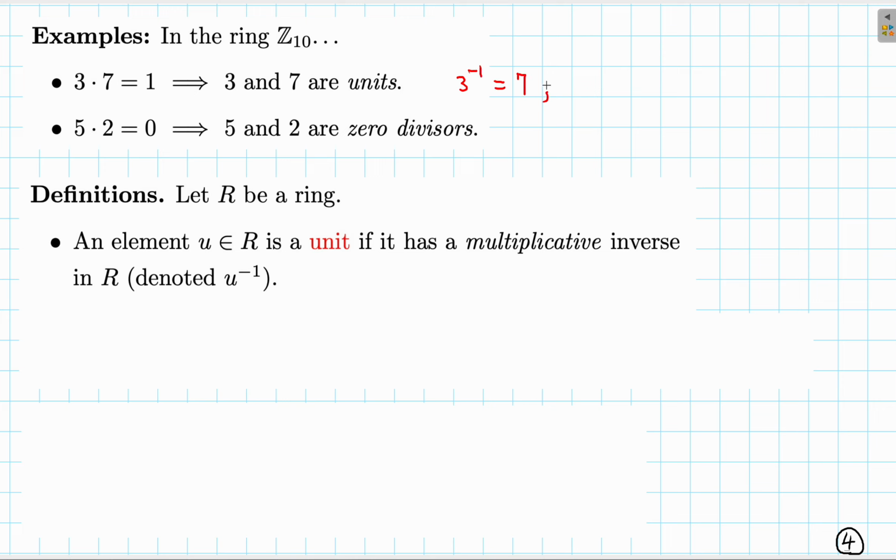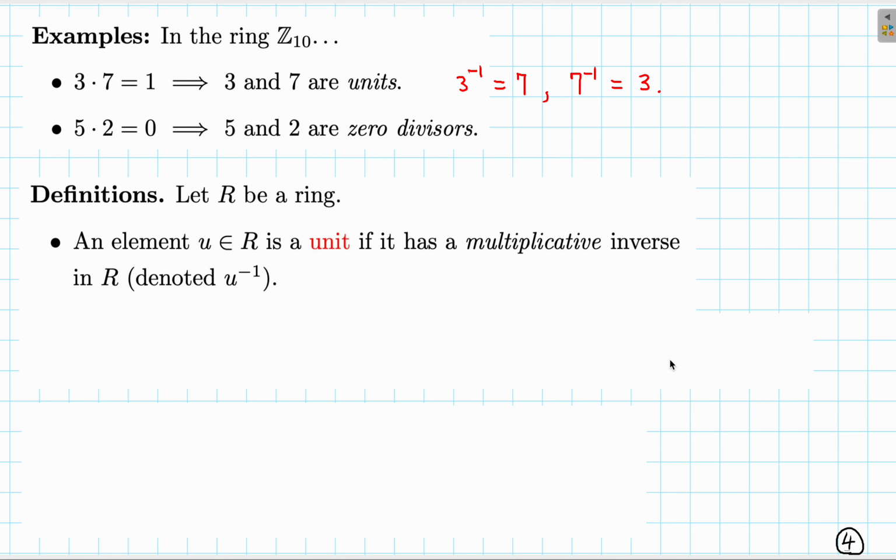And likewise, 3 is the multiplicative inverse of 7, so we would write 7 to the minus 1 is equal to 3. And so that's a familiar concept of multiplicative inverse, and we're just introducing a new terminology, namely a unit. So a ring element is called a unit if it has a multiplicative inverse in R.